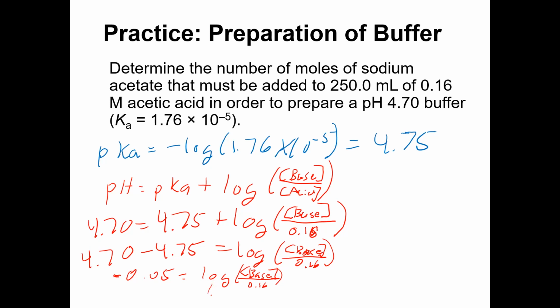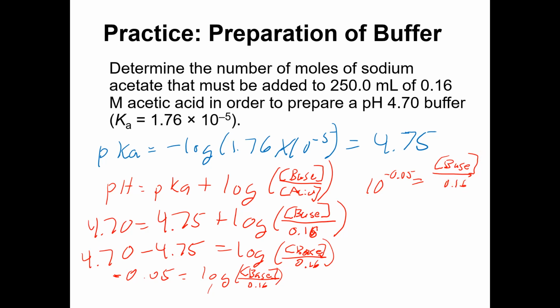The inverse of a log is 10 to the power of whatever we have. So to get rid of a log, we would take 10 to the negative 0.05, and that gets rid of our log there. So we have the concentration of base over 0.16.